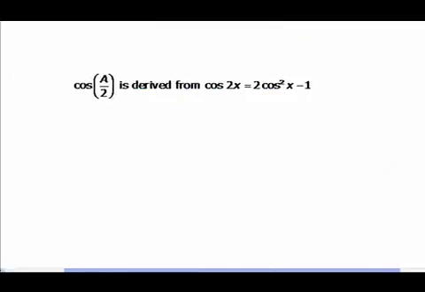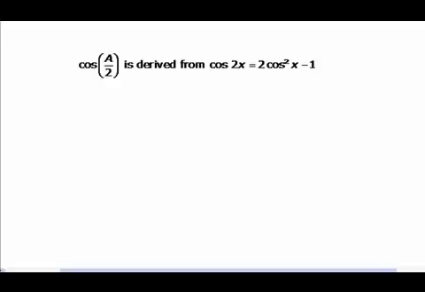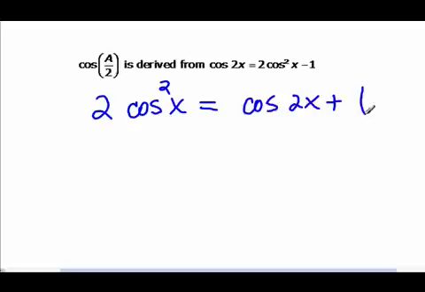We're going to do the same thing as we did last problem. We'll start with one of the double angle identities, and in this case we'll solve this one for cosine x. So I'm going to go ahead and add 1 to both sides, giving me 2 cosine squared x equals cosine 2x plus 1.